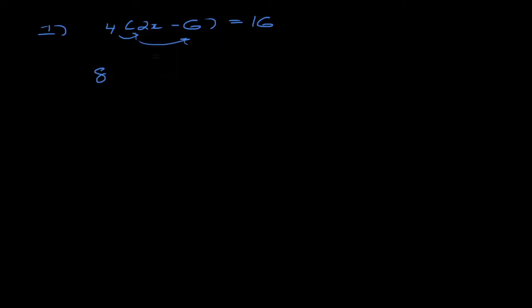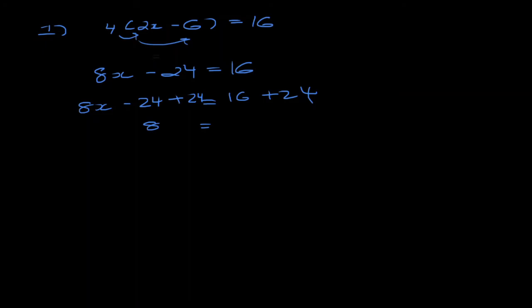So we're going to do 8x minus 24 is equal to 16. And now, how do we get rid of this 24? We do what we did before, which is if there's a minus, we add. So we do plus 24 to both sides, right? Plus 24 to both sides. So you're getting 8x by itself now equals 40.